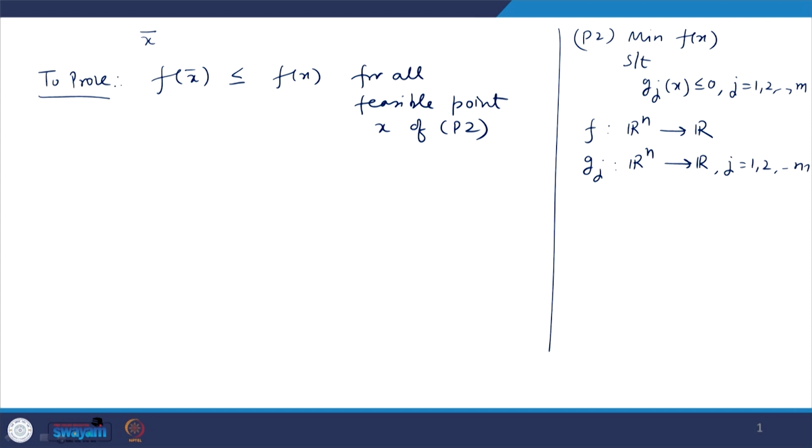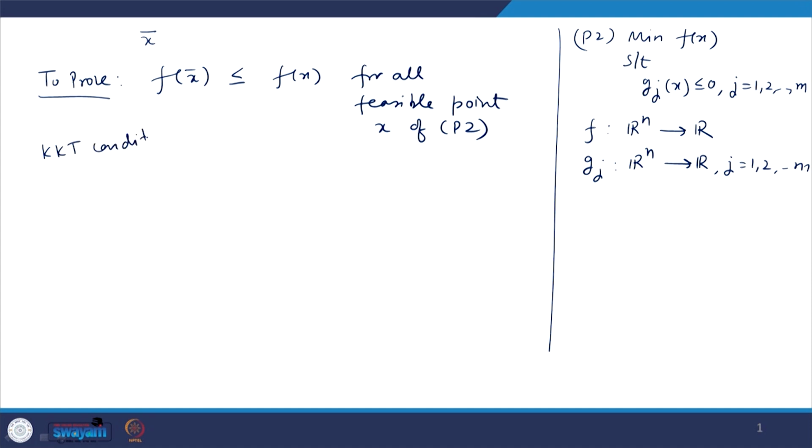That means you take any feasible point of this problem, and f(x bar) should be less than or equal to f(x). It is given to us that the KKT conditions are satisfied and the problem is a convex programming problem. So, what are the KKT conditions?